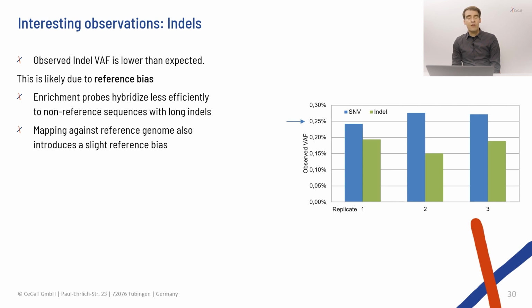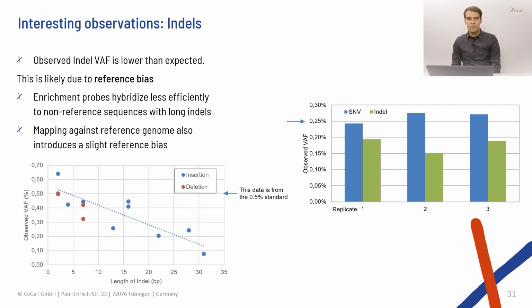And this would mean that longer insertions and deletions would also have a lower allele frequency. And in fact, this is the case. So here we see data from the 0.5% standard, where you see the longer the Indel is, the less strong we can see it in the data. This is something to keep in mind for sensitivity if your assay is working with Indels as well.